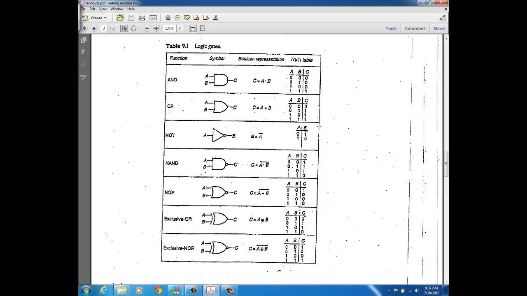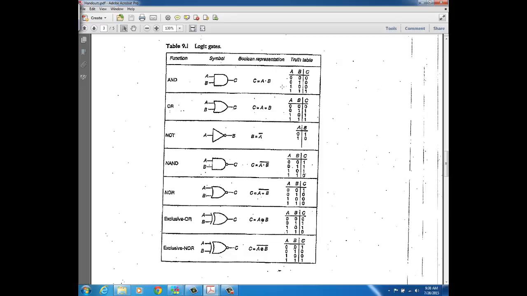I don't expect you to memorize truth tables as non-majors, but I expect you to understand the truth tables. For example, even though this truth table is for a 2 input AND, you should understand what it would be if it was a 3 input or a 4 input or an 8 input, no matter how many inputs, because the concept of the table remains the same.